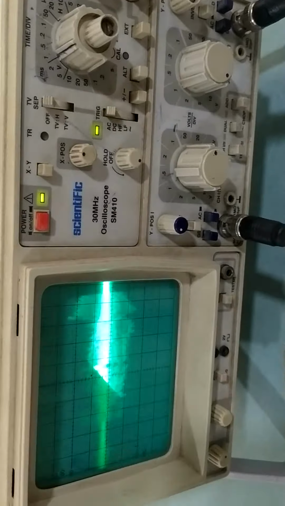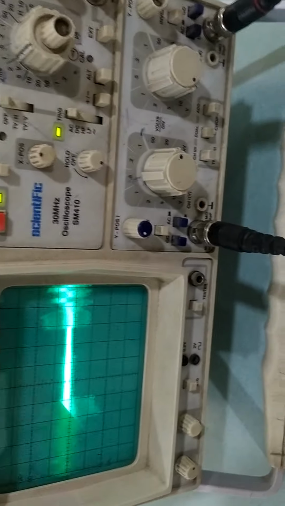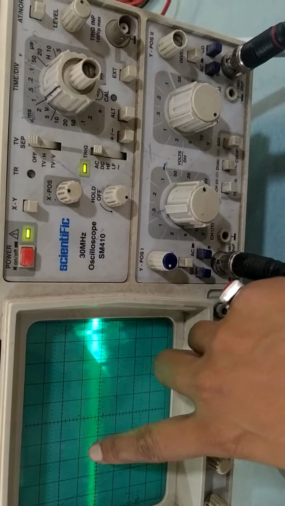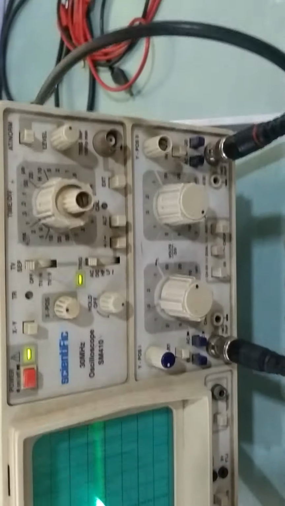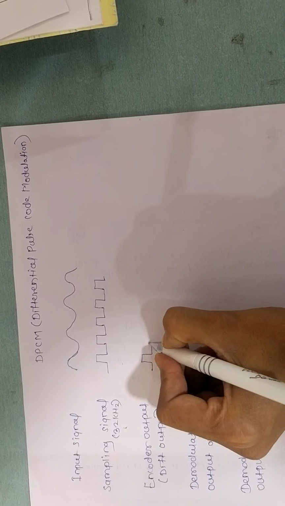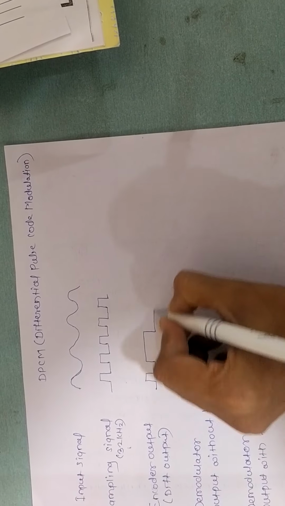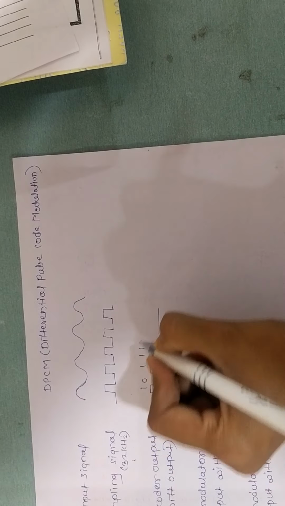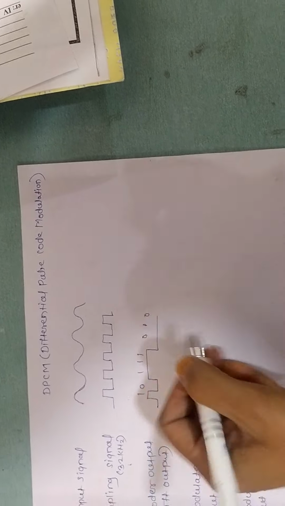Differential output is nothing but a digital signal which is in the form of 1s and 0s. Okay, after that here we will draw a digital signal which is in the form of 1 0 1 0 1 1 0 0 0.